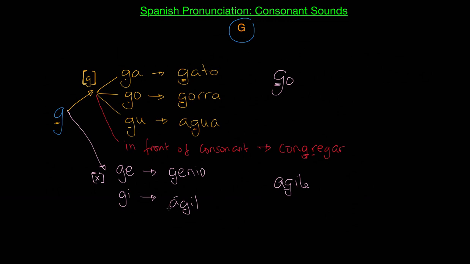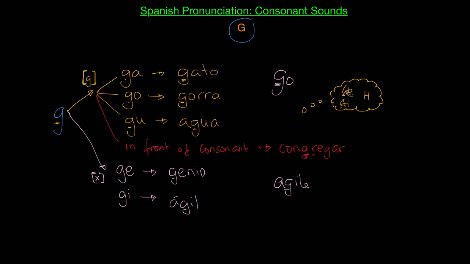Now a little thing you need to think about is that this sound ch, this strong ch, as in ge and gi, is only this strong basically in Spain, in mainland Spain. In many other places like the Canary Islands and most of Latin America, people won't do a ch sound, but an h sound, similar to the British H. So they would say more he and hi rather than ge and gi.